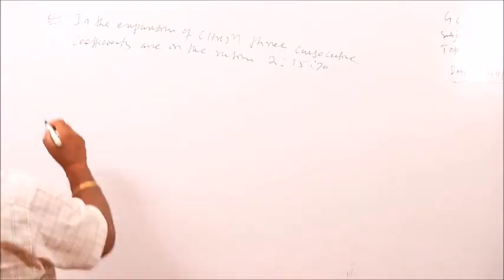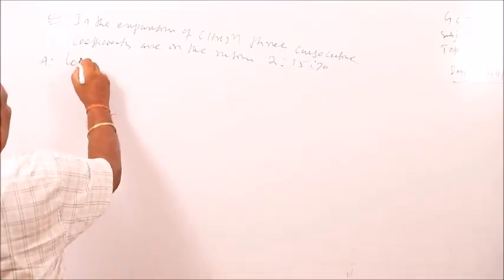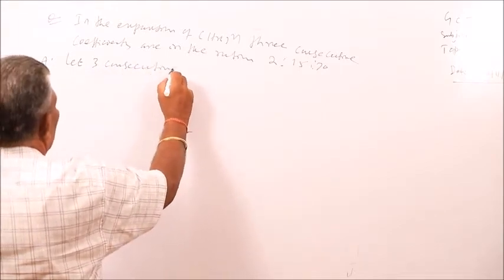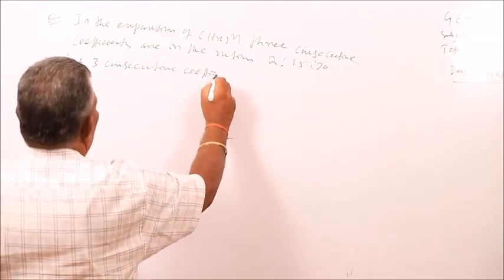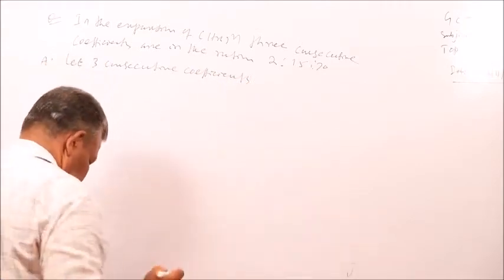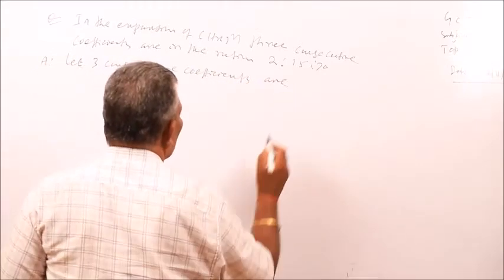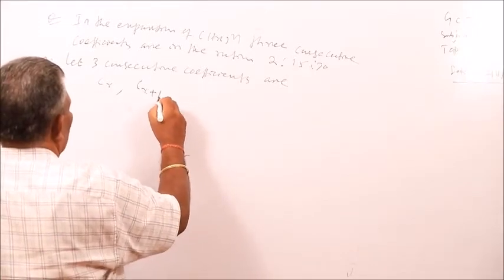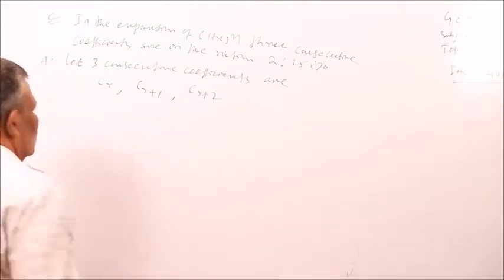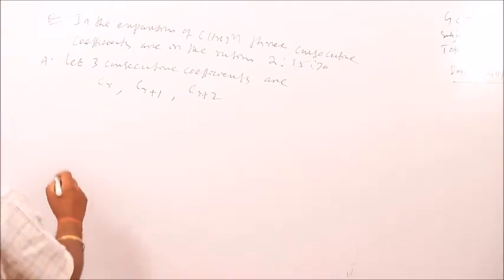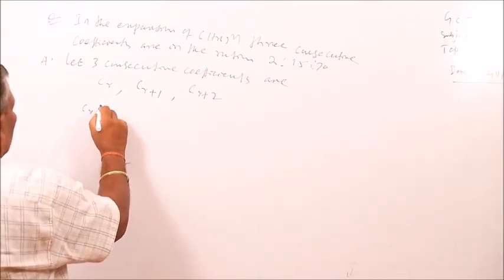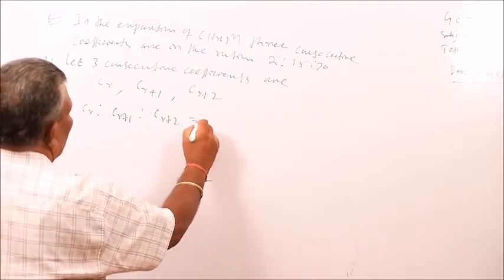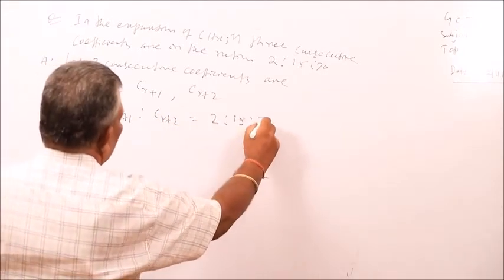Suppose let the 3 consecutive coefficients be CR, CR plus 1, CR plus 2, that is CR is to CR plus 1 is to CR plus 2 equal to 2:15:70.